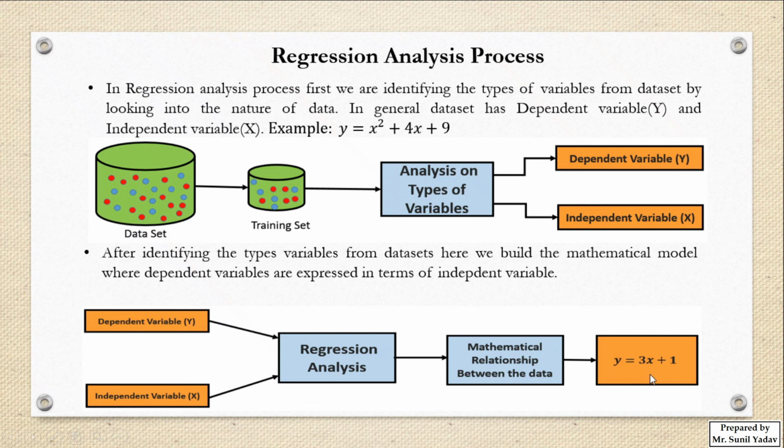So y equal to 3x plus 1 is the equation of regression. In this equation of regression, y is the dependent variable and x is the independent variable. So this is the regression analysis process and how it works.